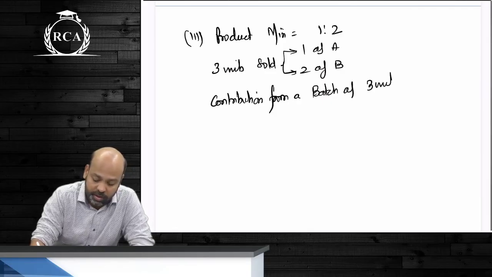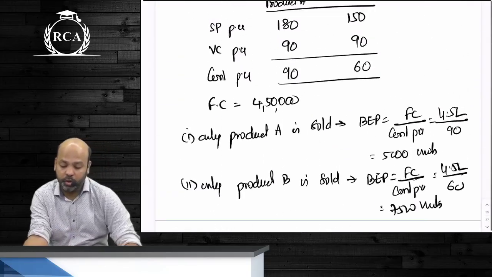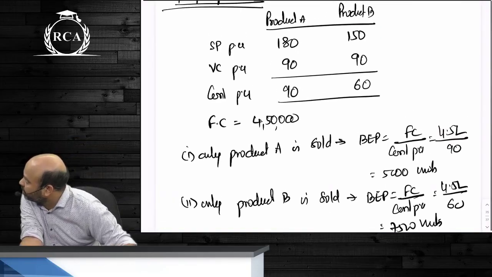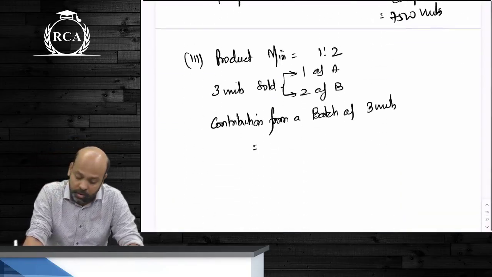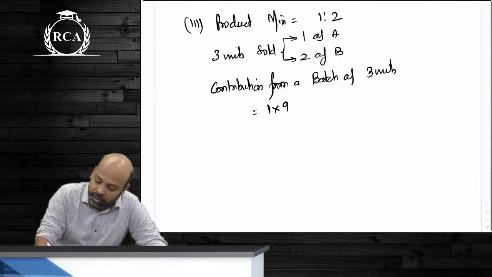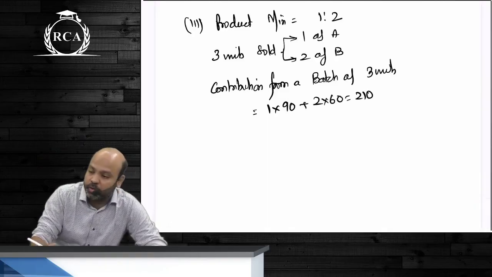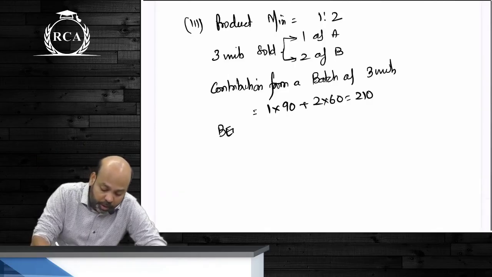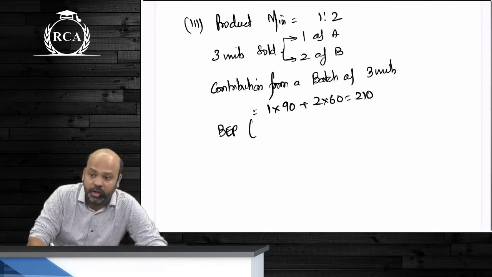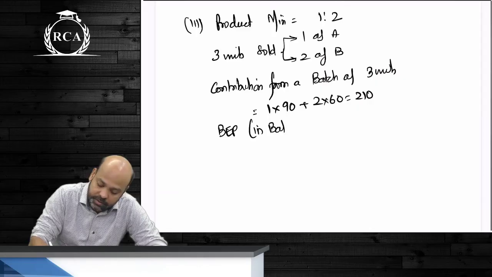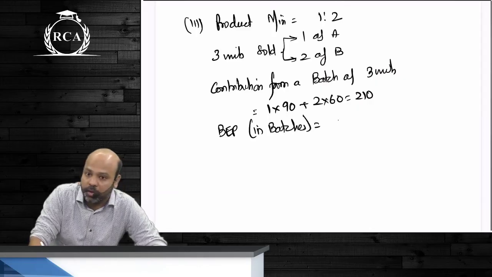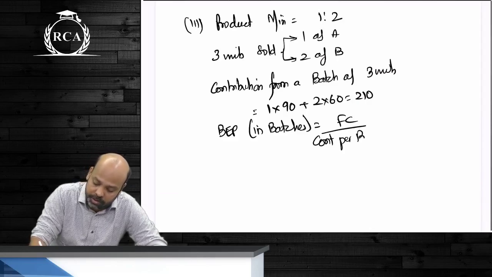The information is written above. A is giving me a contribution of 90 rupees, B is giving me a contribution of 60, so it will be 1 of A and 2 of B. That will give me a contribution of 210. The break even point that I'm computing is not in units anymore, it is in batches. This will be equal to fixed cost divided by the contribution per batch.